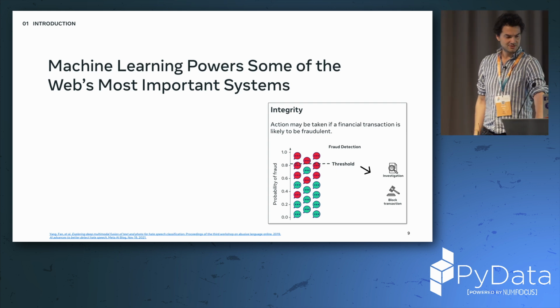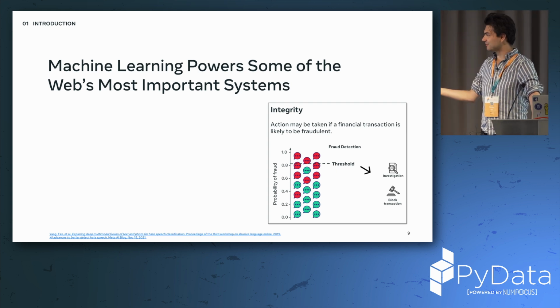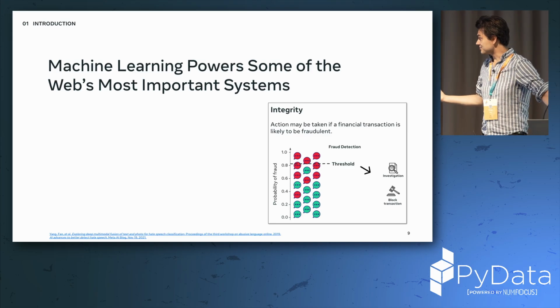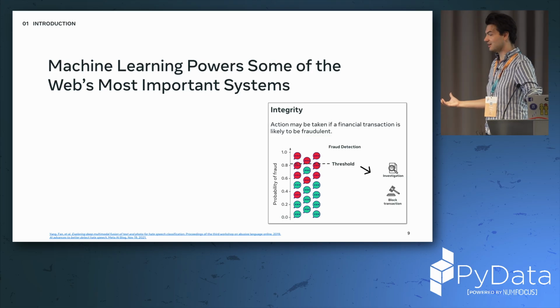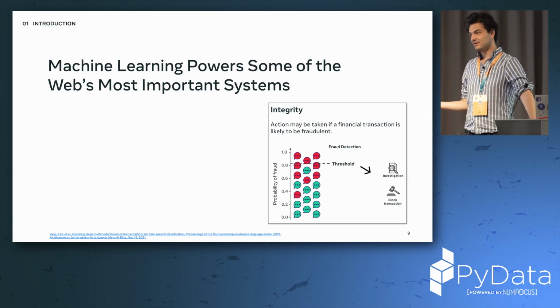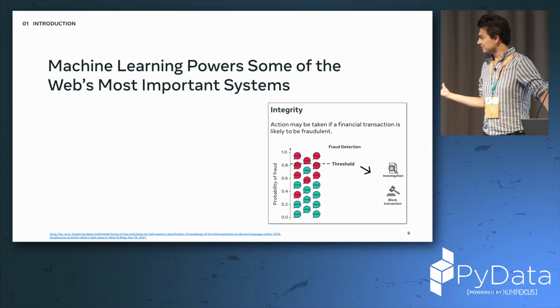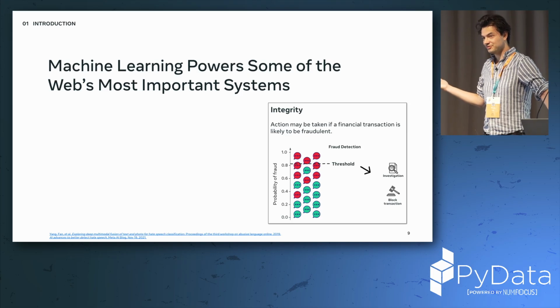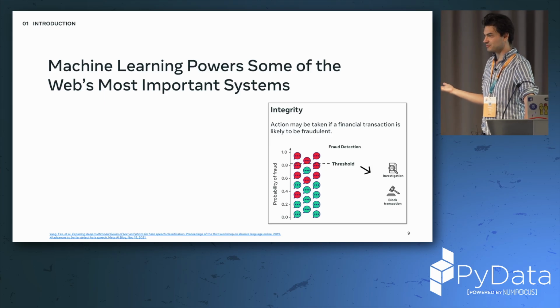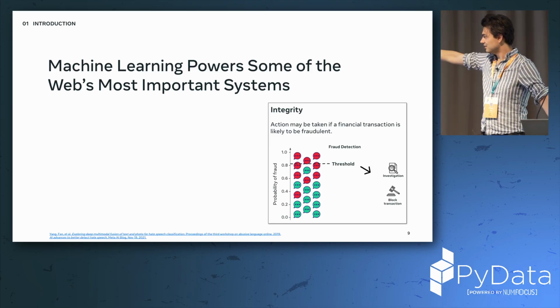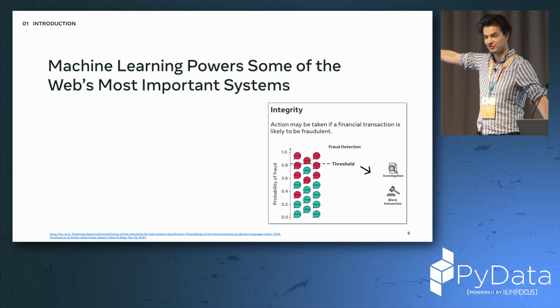So we have seen three different applications of machine learning systems used in production settings. The main point here is that these are not just different application domains, these are also different ways in which the outputs of the machine learning models are used. Here, we just compare the output of the machine learning model with a threshold.